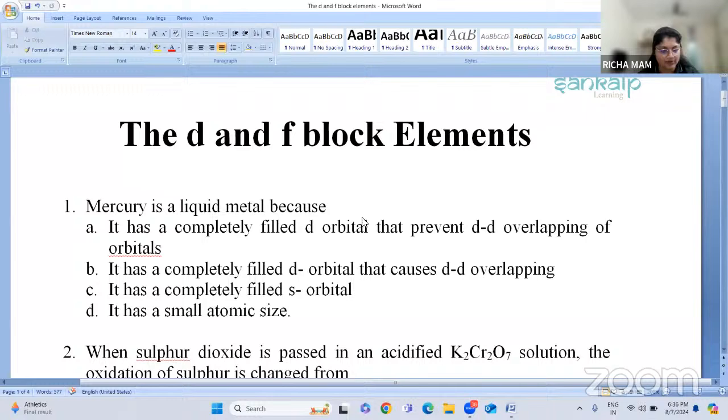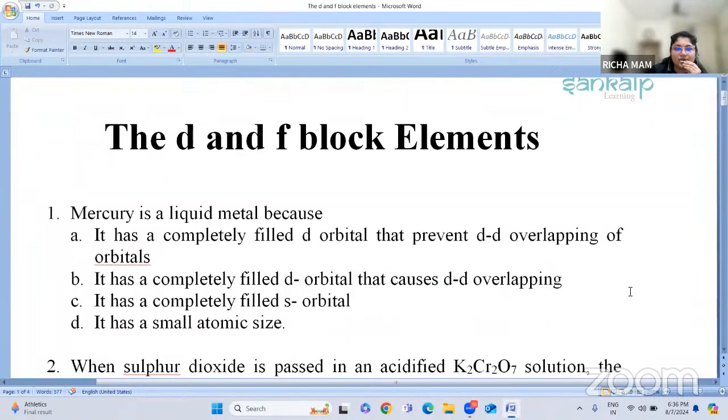The question is: mercury is a liquid metal because, I hope the screen is clearer. A, it has a completely filled d orbital that prevents d-d overlapping of orbitals. B, it has a completely filled d orbital that causes d-d overlapping.